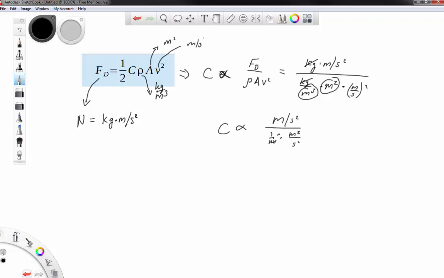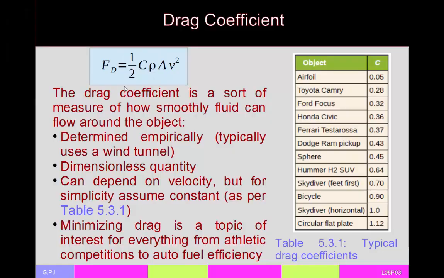So this 1 over meter can cancel out this, and then this meter right here would cancel with this meter, and we're left with over second squared and over second squared, and so that is unity. So no units. And so that's why this drag coefficient has no units to it.